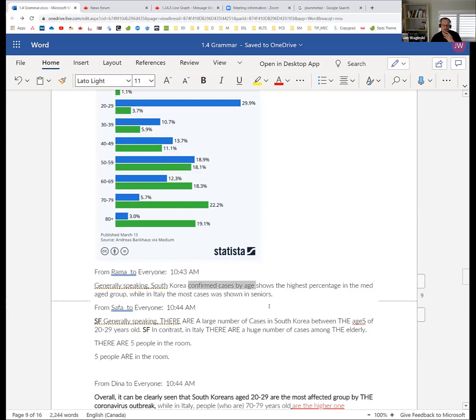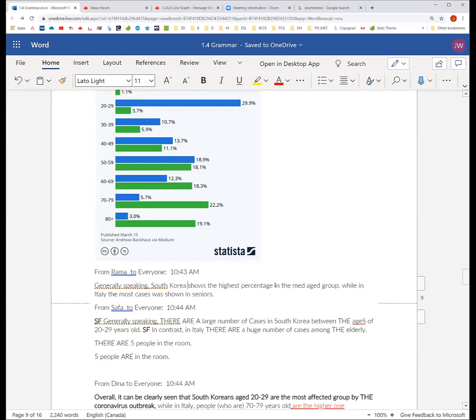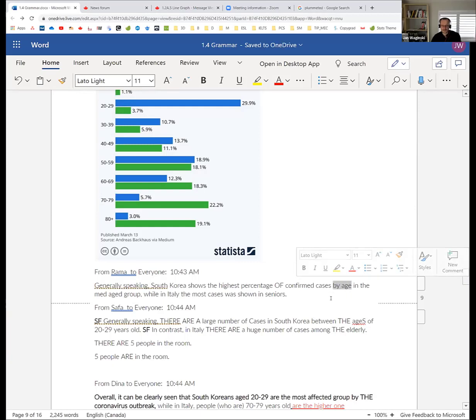Where should this go? At the beginning, confirmed cases in South Korea. South Korea showed the highest percentage of confirmed cases? Yes. That's it. And then this is redundant.